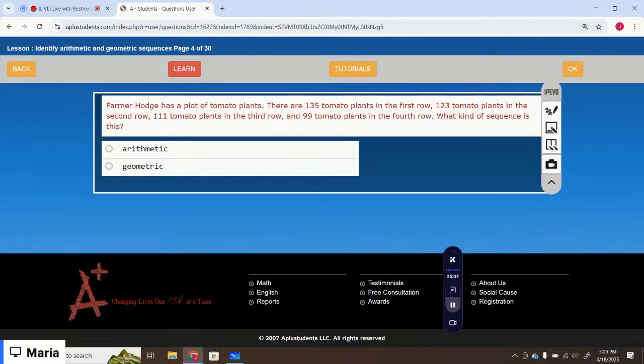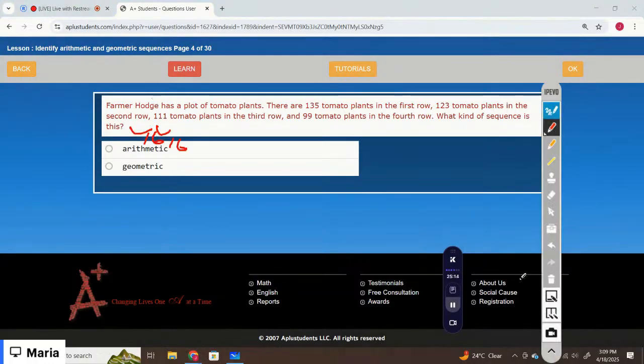Farmer Hodge has a plot of tomato plants. There are 135 tomato plants in the first row, 123 tomato plants in the second row, 111 tomato plants in the third row, and 99 tomato plants in the fourth row. What kind of sequence is this? That is 135, 123, 111, and 99.